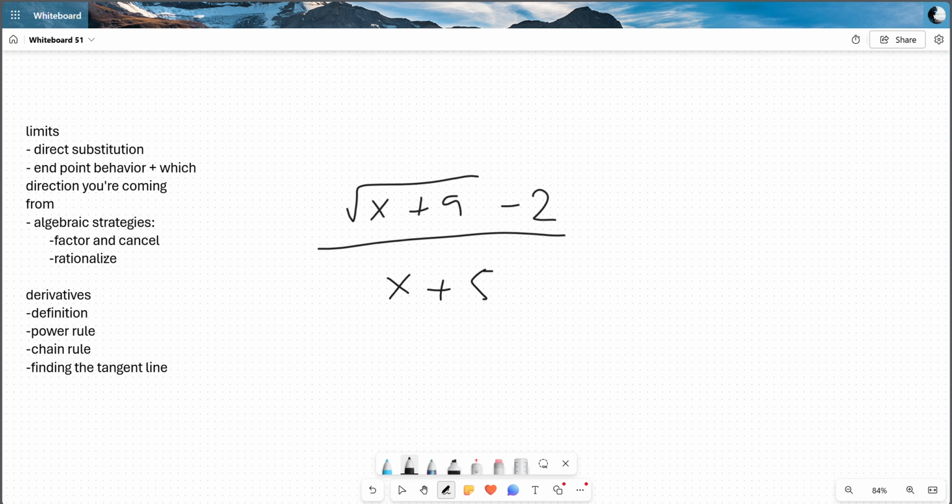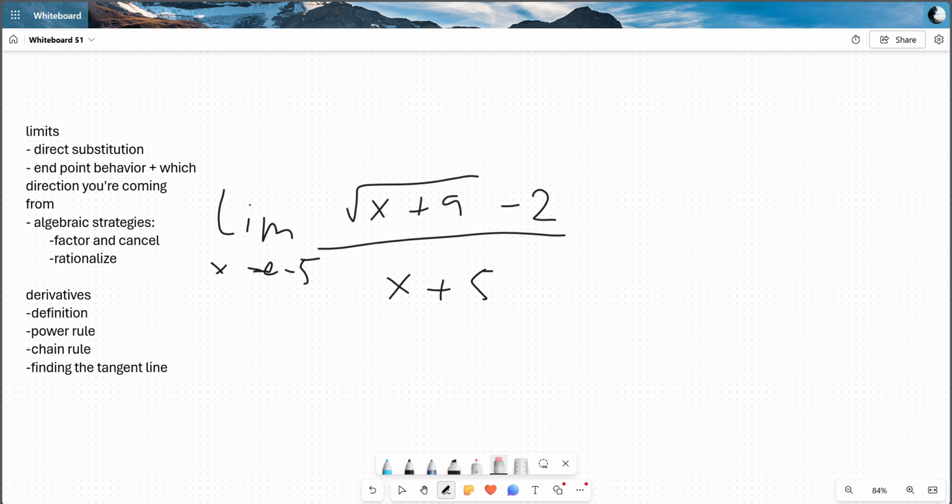All right, so now let's talk about the rationalization strategy, which is best explained through an example. Let's look at this one, where we're finding the limit as x tends to negative 5. Straight off the bat, we can see this negative 5 is going to create a 0 on the bottom. But we need to ensure that we have the indeterminate form.